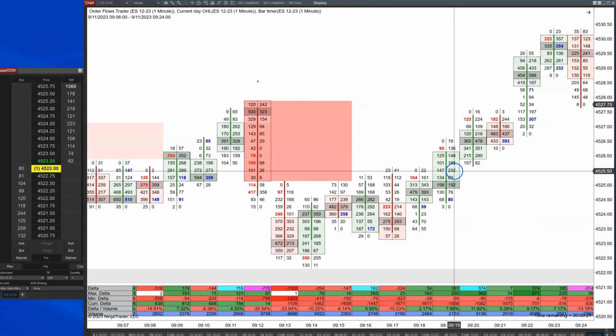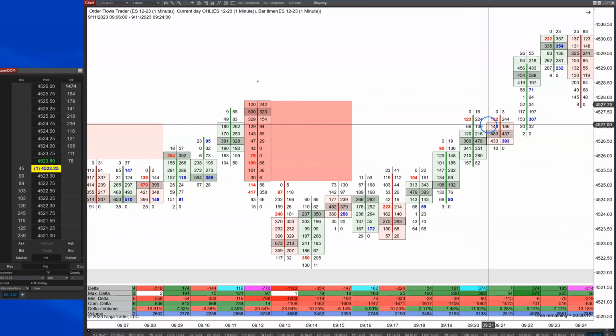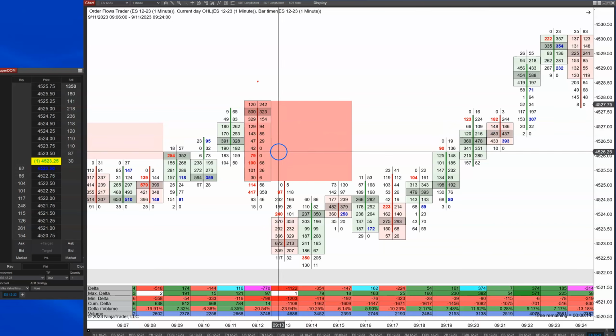If the aggressive buyers overrun the passive sellers, then price will go up, just as price will go down, like here, if aggressive sellers are clearing out all the bids and hitting the next bid, just cleaning out all the bids in here. That's what will cause the market to go down.